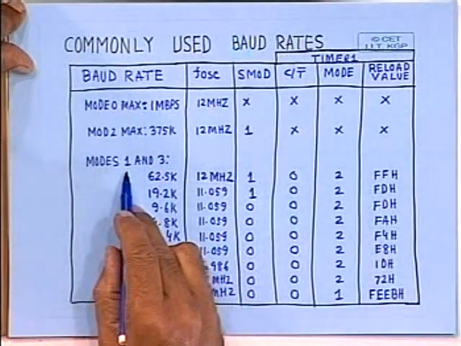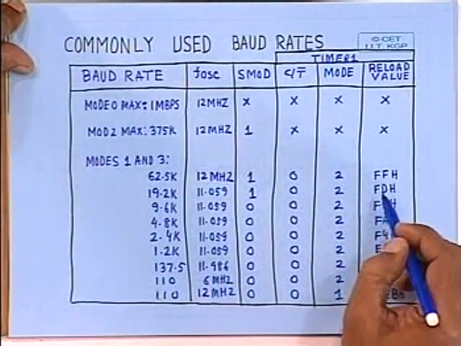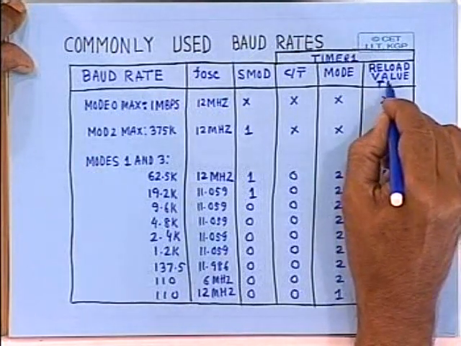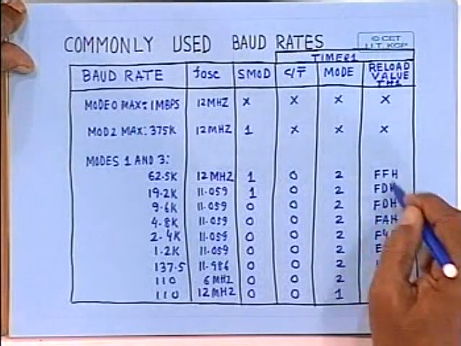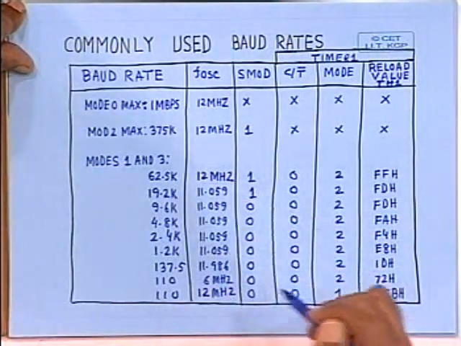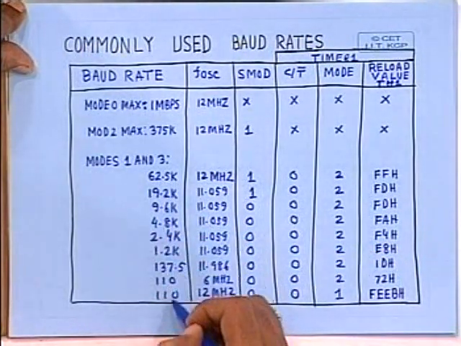So in case of mode 1, as you can see, depending on the clock frequency and what value is programmed in that TH1 register, these are the values which can be written into the TH1 registers, and depending on the clock frequencies, the baud rates that you can generate are shown here.